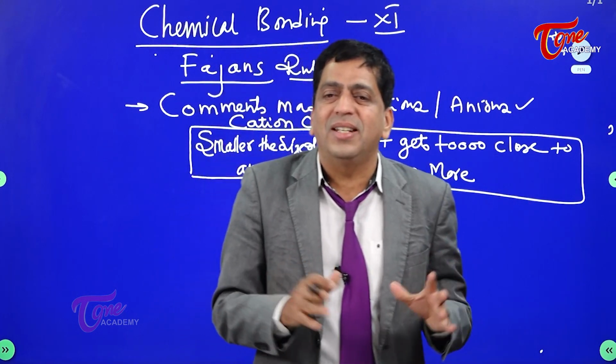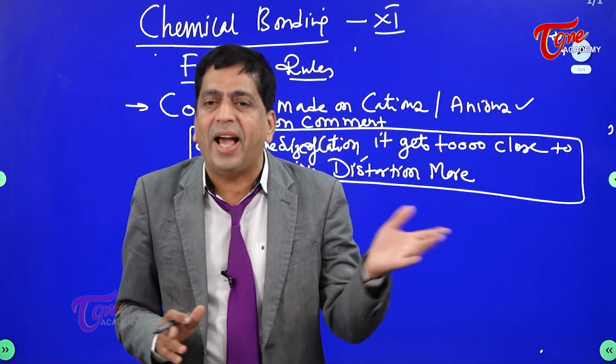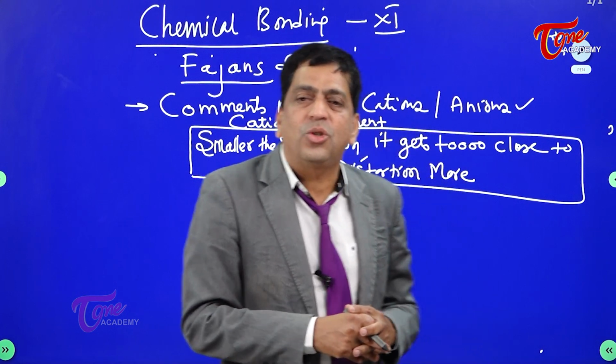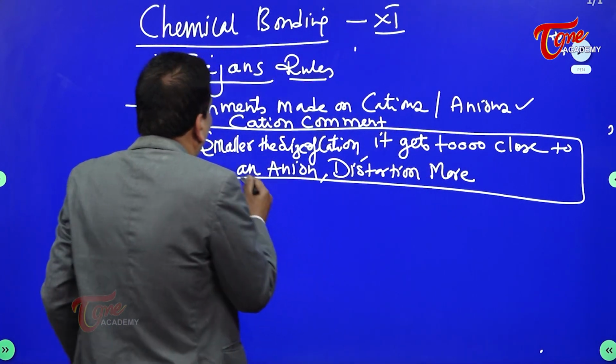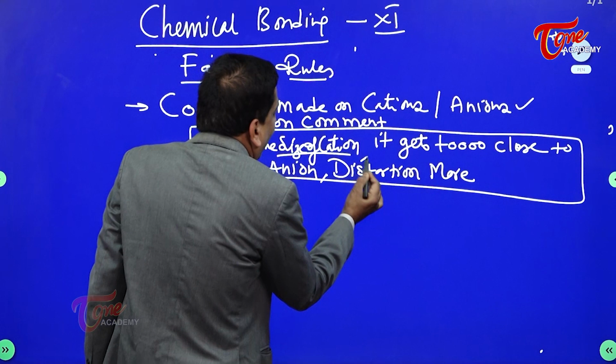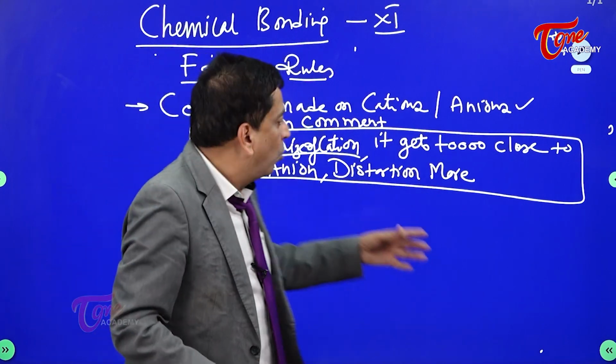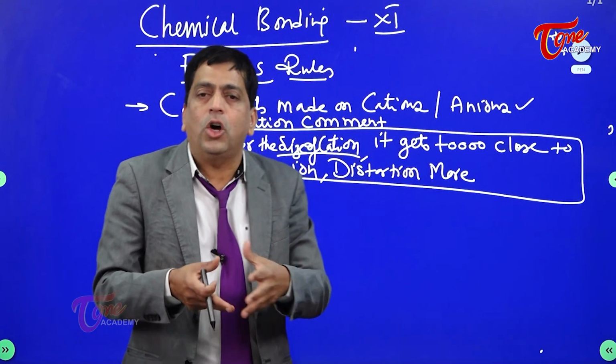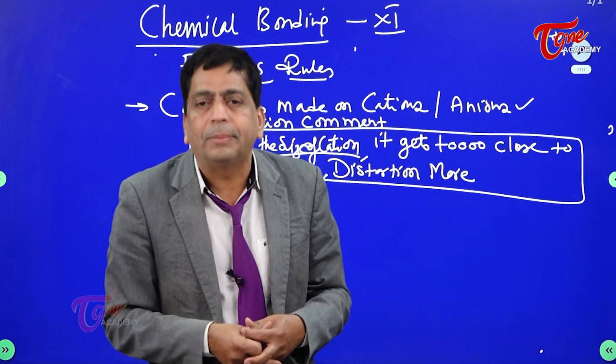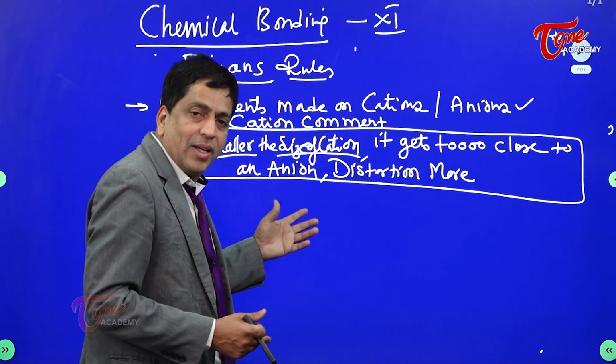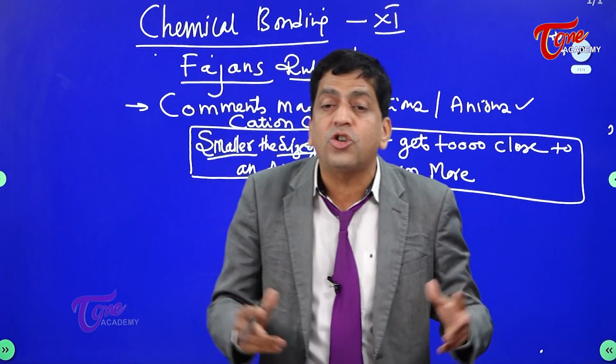So what Fajan is commenting is, he has comments on both anion and cation, and the cation comments have started like this. It says, smaller the size of the cation, the smaller you are, you get too close to an anion. And when you get too close, you will find the distortion or the shyness more.